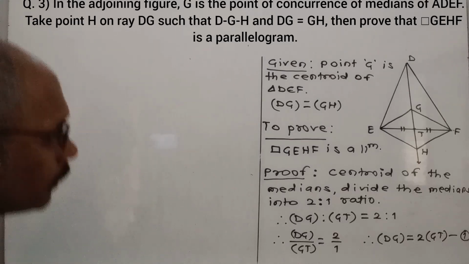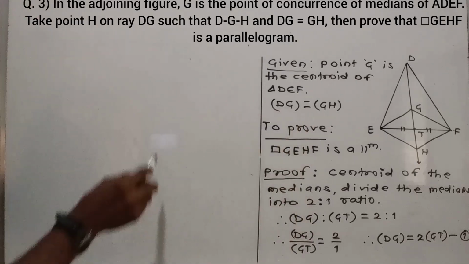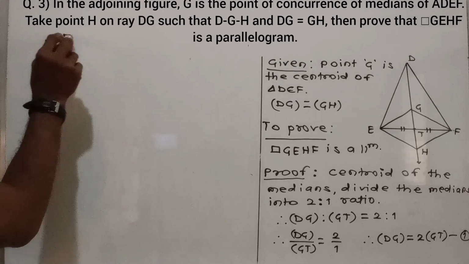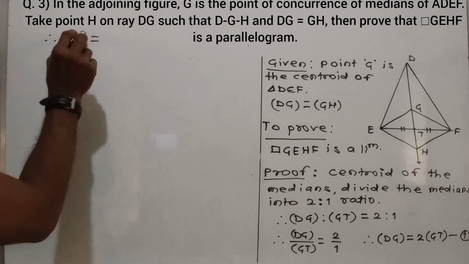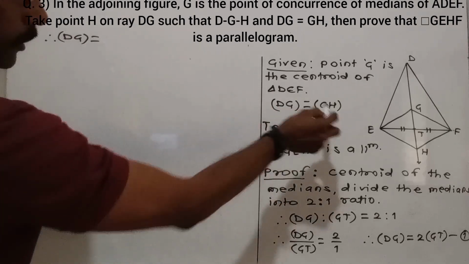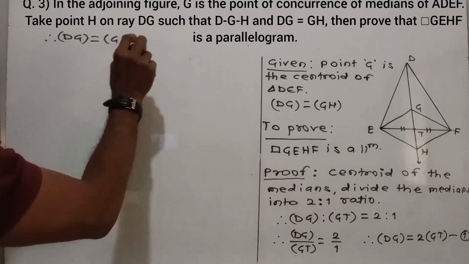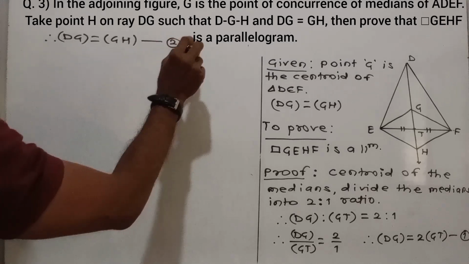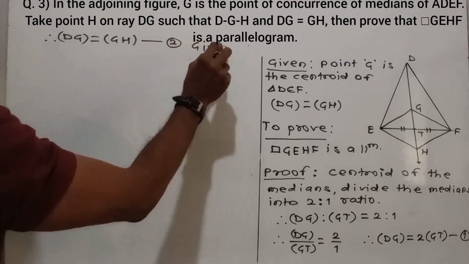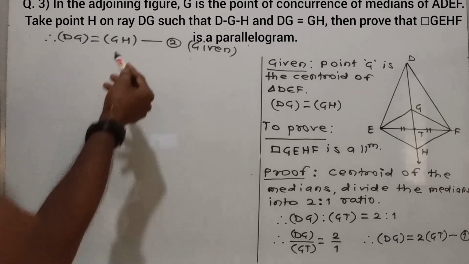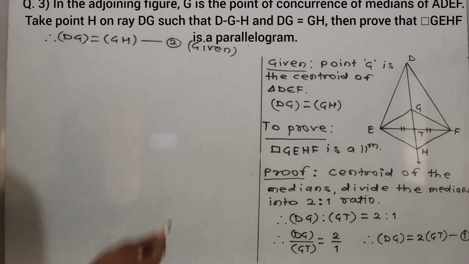Now see here our given. What is in given? DG is equal to GH. This is number 2. This is given, and always use this given like ladder, staircase, bridge, like that. We use this for our convenience.